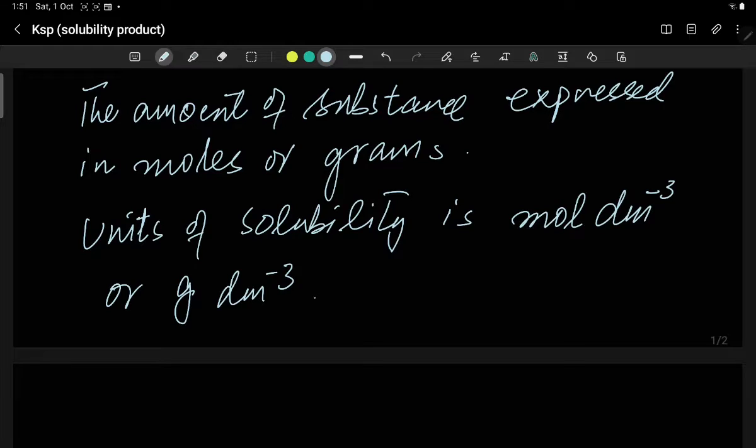Sometimes the amount of the solvent may be expressed in kilograms, but this is the standard unit of the solubility.